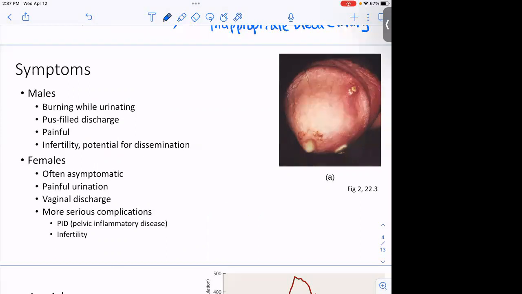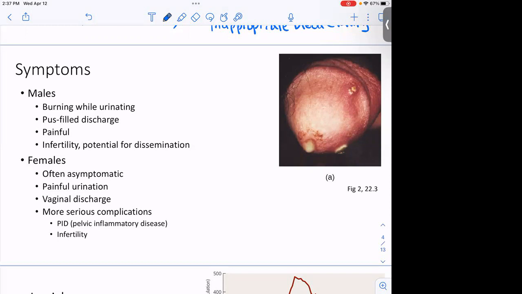My understanding is that most of the time males do have symptoms. Not only does it hurt when they urinate, but they have a pus discharge, and it's very painful. So they go and seek treatment. Right now, gonorrhea is like 99% treatable. We have worries about resistance growing, but for now, it's very treatable.